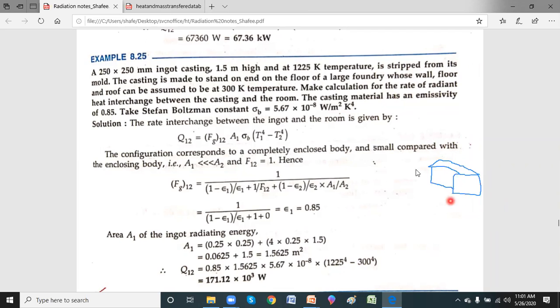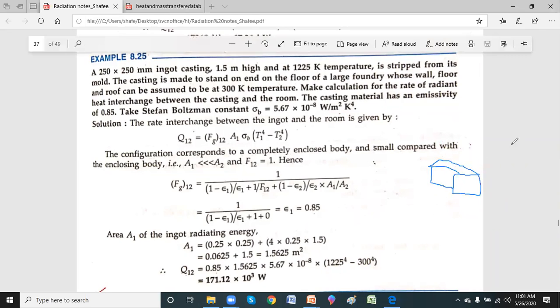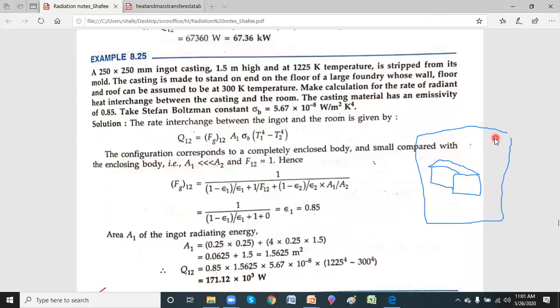The casting is made to stand on one end on the floor of a large foundry. Now this particular casting, which is taken from the mold, is kept in a room of this big size. So this is the room, and in this room you have kept that particular casting. Now the floor and roof can be assumed to be at 300 Kelvin.